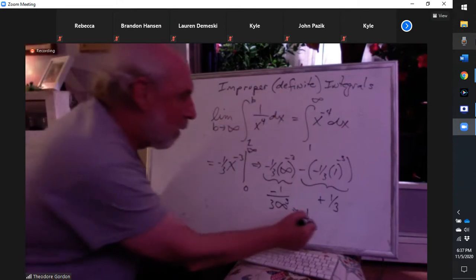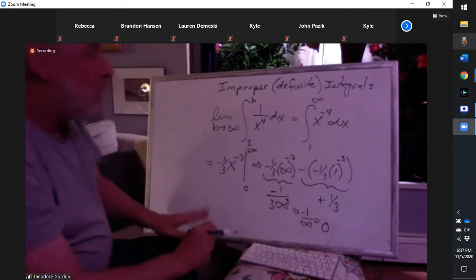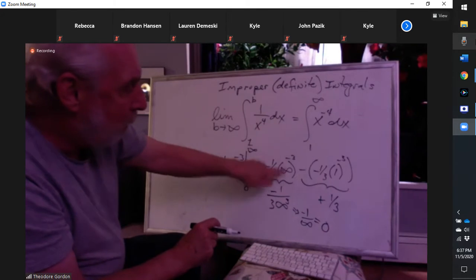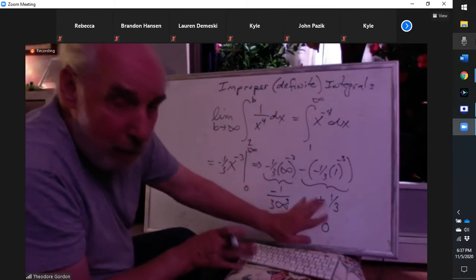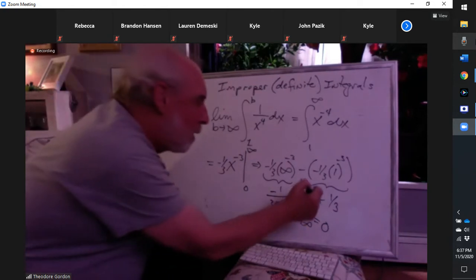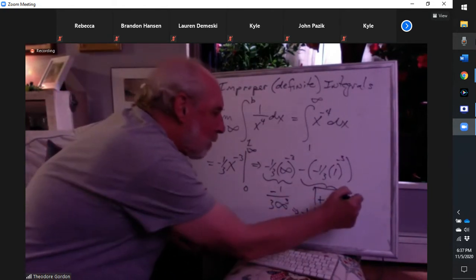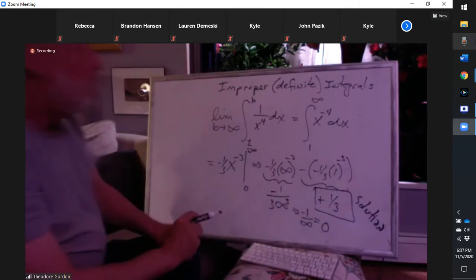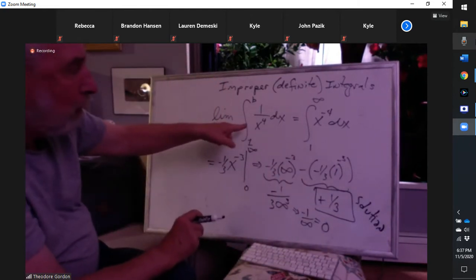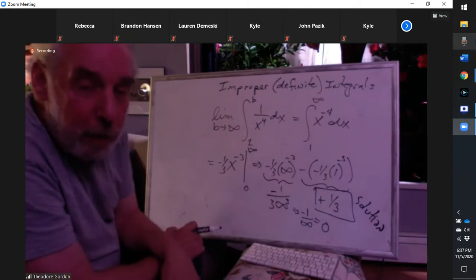Yep, becomes 0. So the limit as b goes to infinity, that limit is 0. Never get there, but that's the limit. And that makes this the solution. So the answer to this improper integral is +1/3.